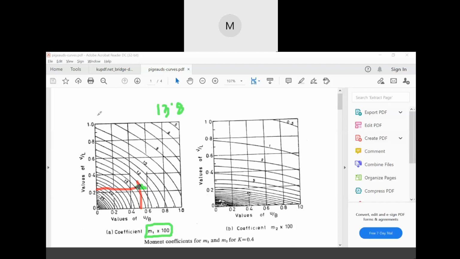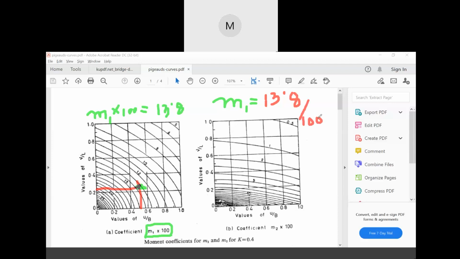That means m1 is equal to 13.8 divided by 100.